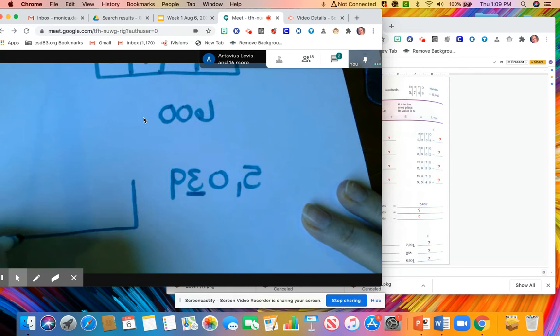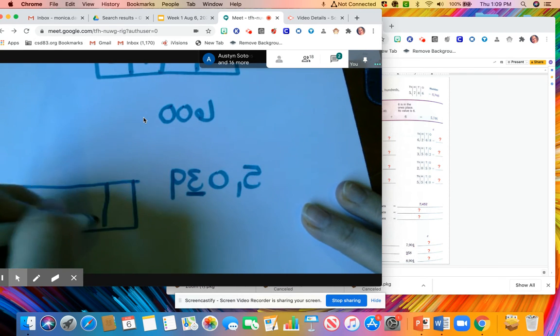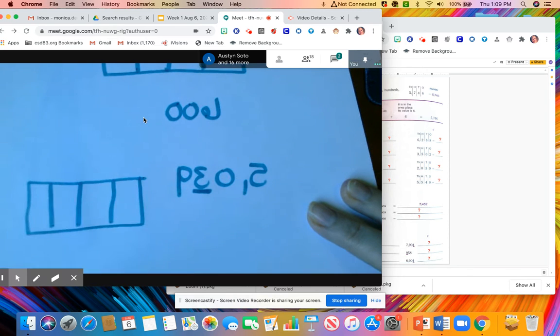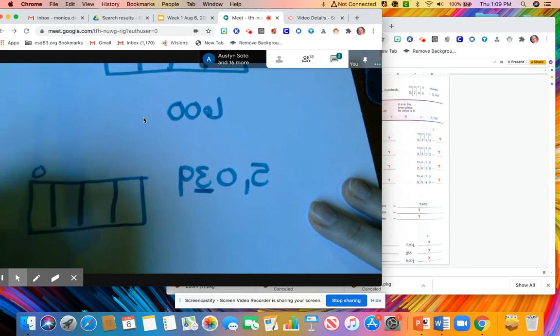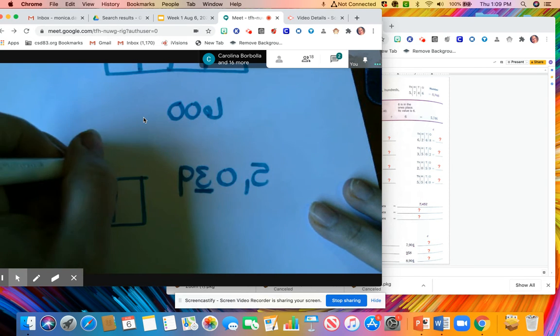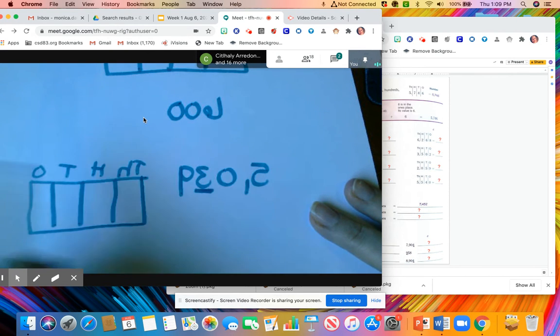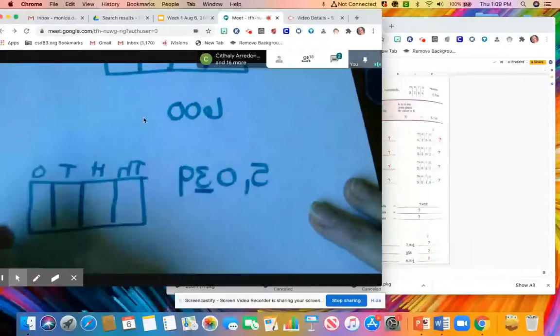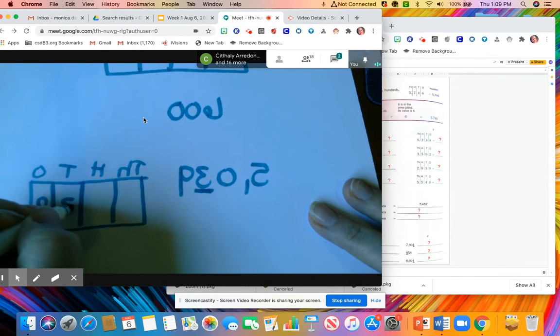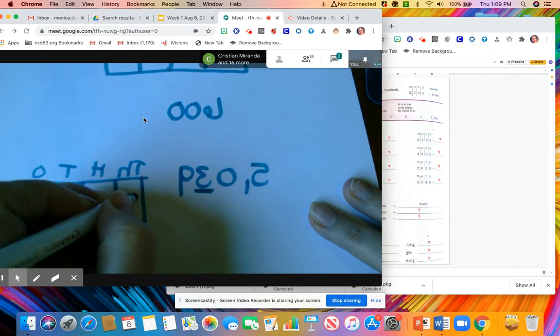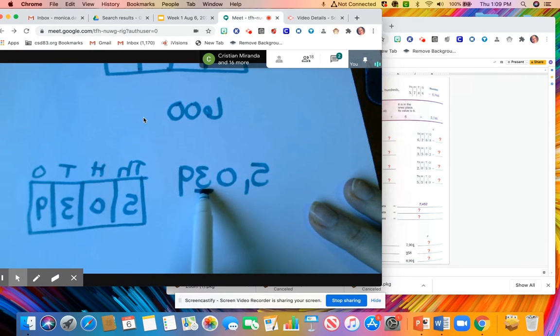I'm going to do it over here. I've got ones, tens, hundreds, thousands. And I'm just going to plug in my number. I always start with my ones. 9, 3, 0, 5. And they want me to figure out what the 3 is.